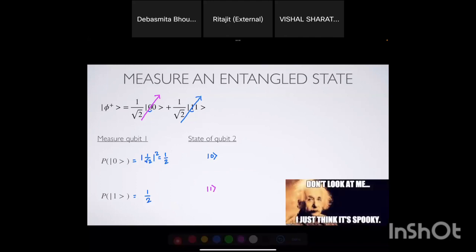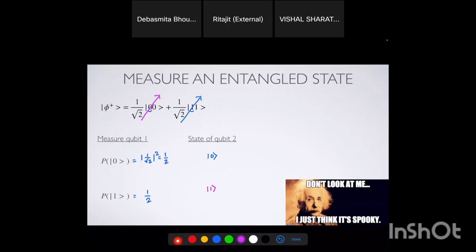This is what Einstein termed spooky action at a distance. He called entanglement spooky action at a distance because he couldn't really explain what is going on. Till today, as far as I know, there is no concrete explanation. There are many theories, but what exactly is going on, we don't know. Something is going on.